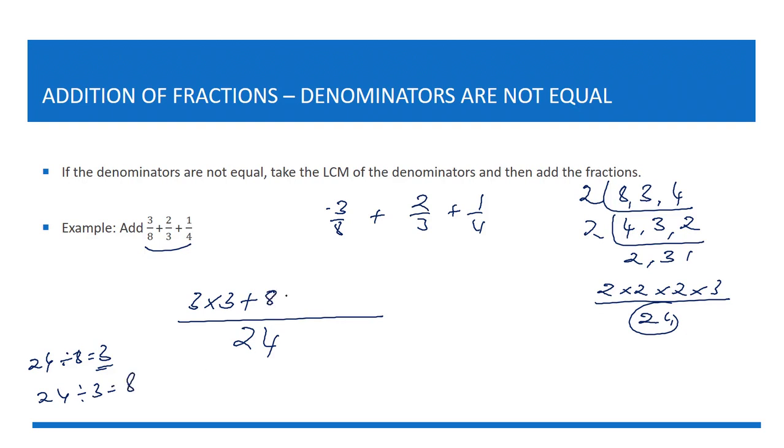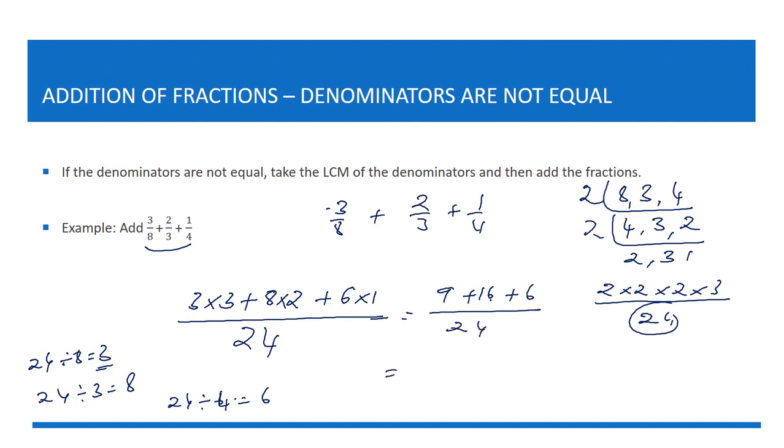That 8 should be multiplied with the numerator of the second, that is 2, plus 24 divided by 4, which is going to be 6, 6 into 1. Now multiply it: 9 plus 8 2s are 16 plus 6 1s are 6, over 24.